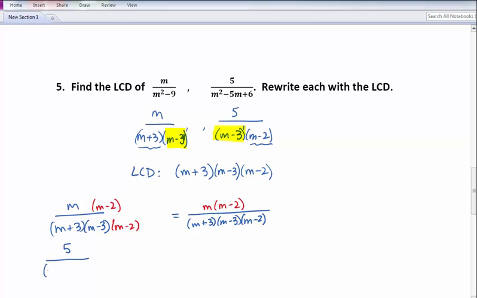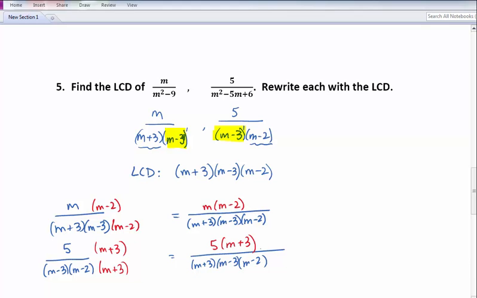So the second one, 5 over m minus 3 times m minus 2, if I want that to have the denominator of m plus 3, m minus 3, m minus 2, the piece that's missing is the m plus 3. So this will become 5 times m plus 3.